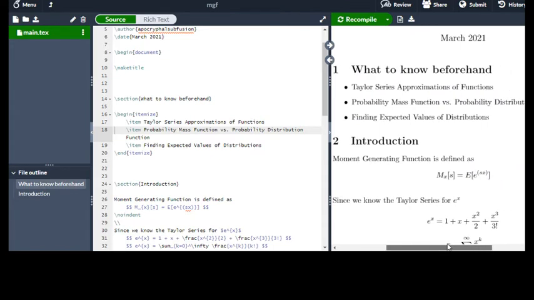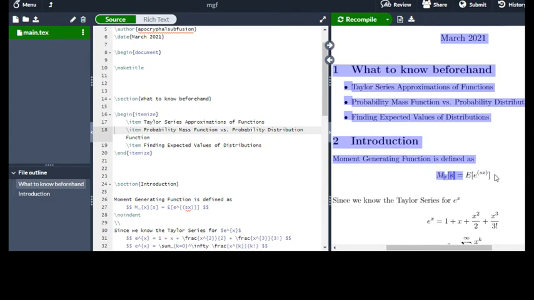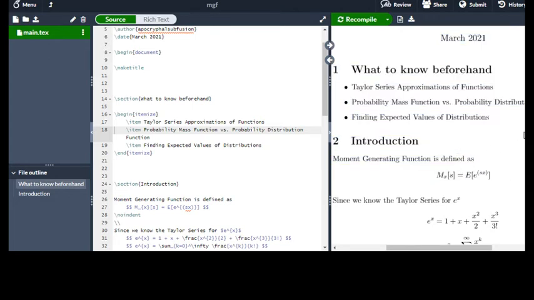So the moment generating function is just defined as the expected value of e to the power of sx, where s is just a dummy variable, a placeholder, and x is the actual random variable.